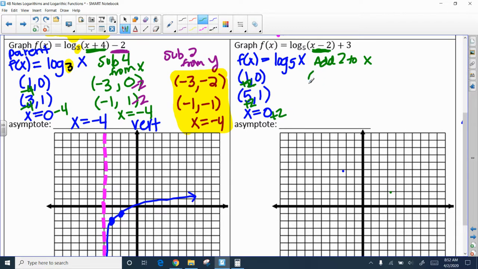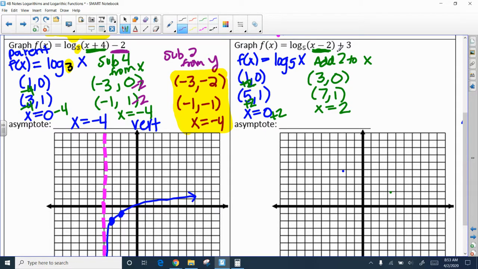So my new x values are 3, and the y value is still 0. And then this new x value is 7, and the y value is still 1. So those are my points. And then my new asymptote is x equals 2.